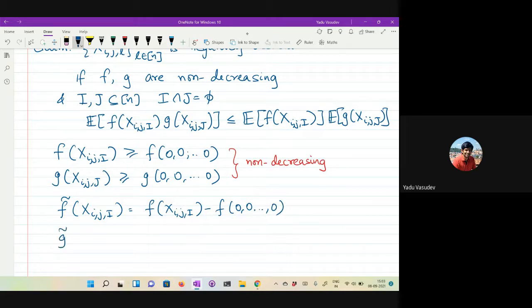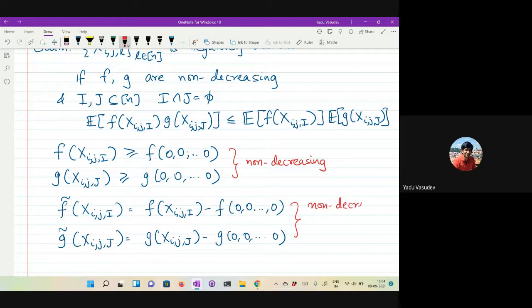Similarly, g tilde as well. Now, the nice thing about these functions is that they are non-decreasing for sure. Moreover, they are non-negative.